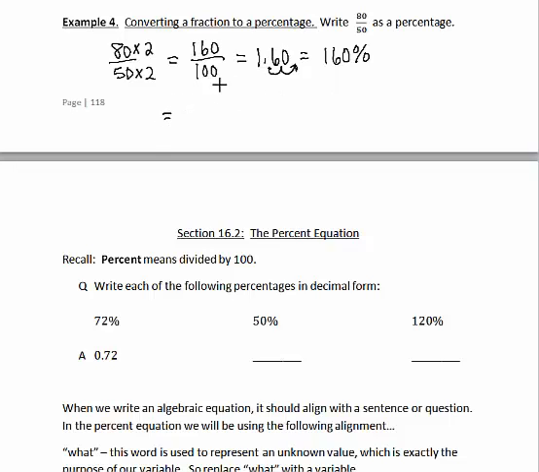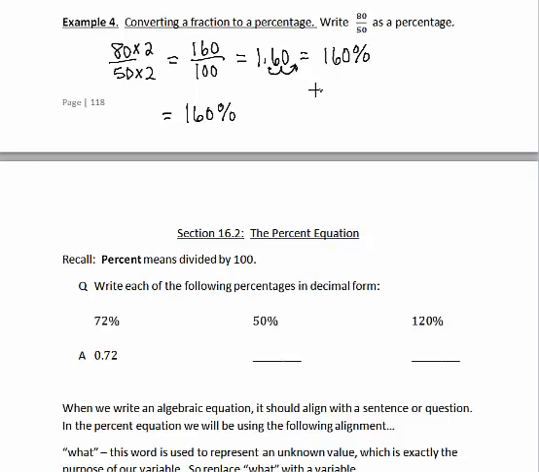Or at this point you could have said, well, a percentage is a number based on 100. So with 160 divided by 100, you could have jumped straight to the numerator 160 and then placed a percentage sign behind it. Either way is definitely acceptable.